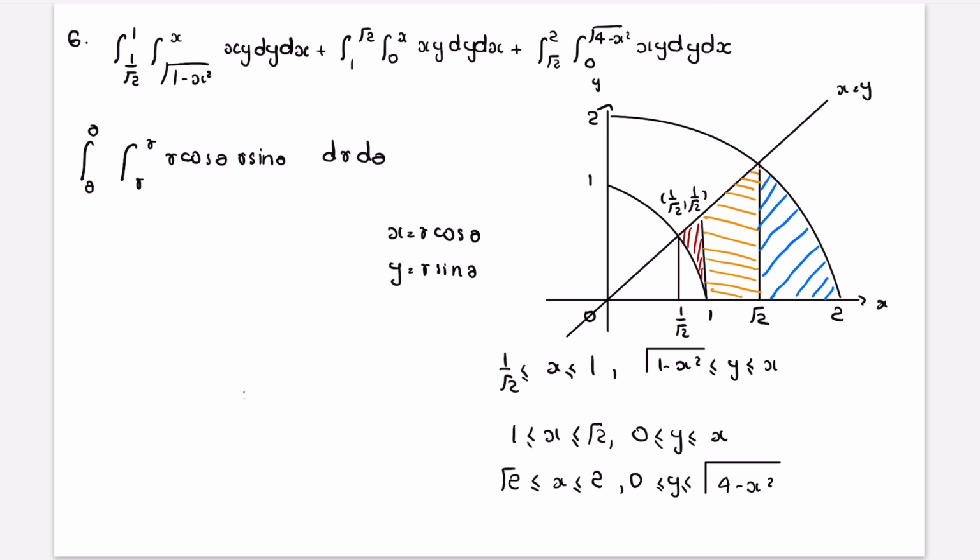Whenever you change to dr d theta, you need to add the r. So let's see the range. What is r? r is between 1 to 2, right? Yeah, r is between 1 to 2.